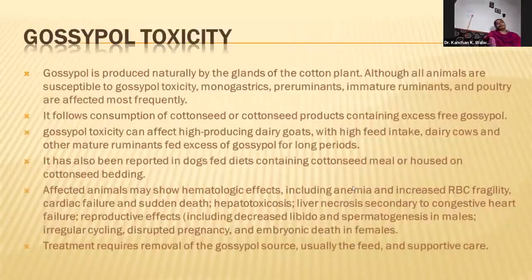This is one of the plant toxicosis where you find hemoglobinuria. So in India and in many regions of the world where cotton is being produced, the cotton seeds are used as oil cakes for animals.